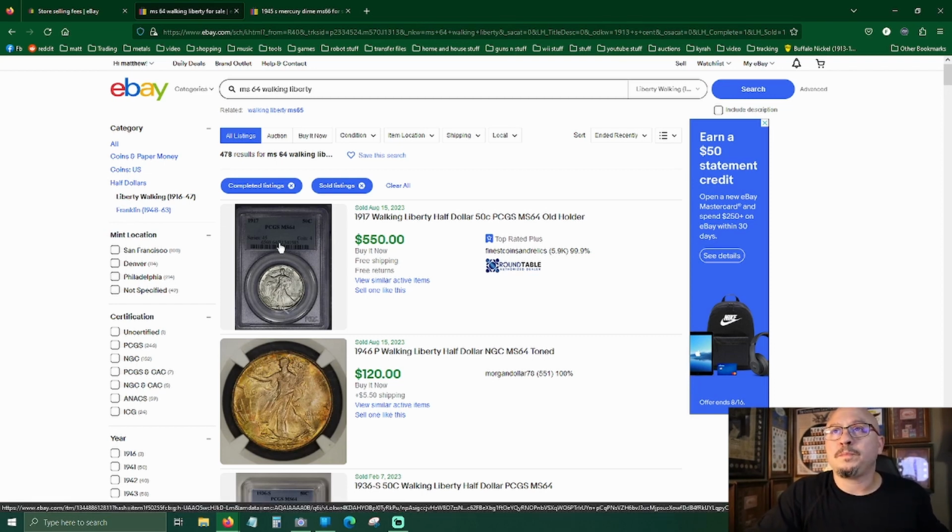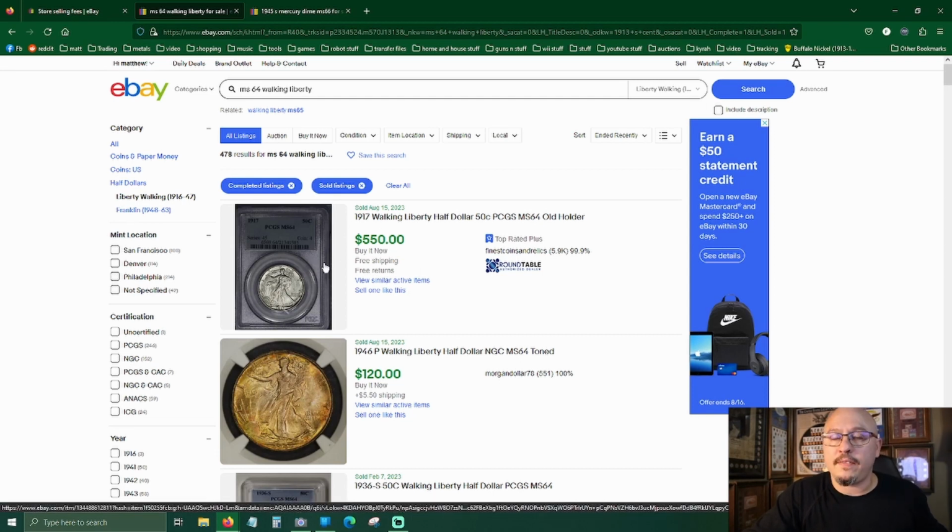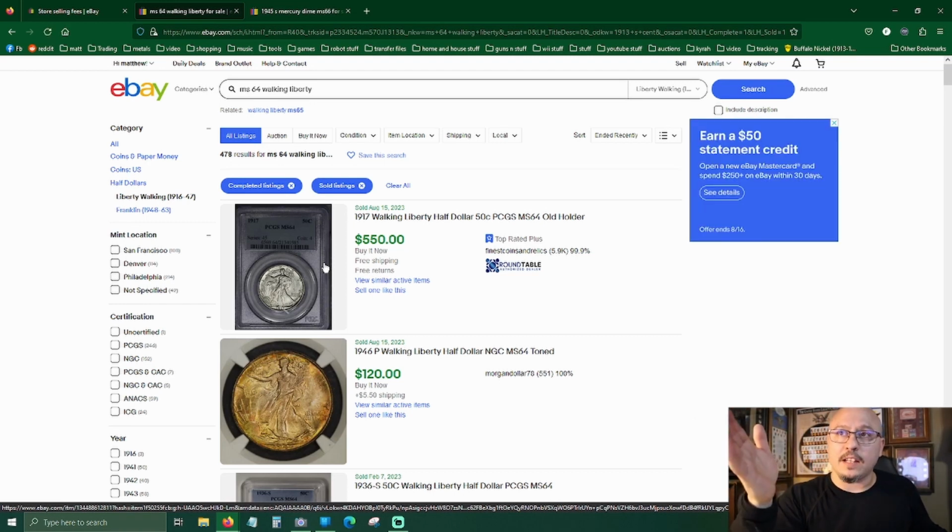And so here's a 1917, tells you it's sold for $550. This is exactly the information you need. So if you have this 1917, I'm assuming there's no mention, so I'm assuming it's Philadelphia, Walking Liberty in an MS64 holder, in this case from PCGS, you know that you should be able to sell that for somewhere in the neighborhood of $550.